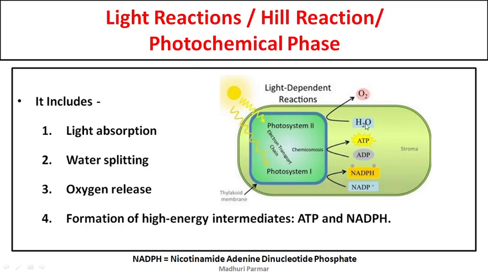So H2O molecule is getting split into H plus and O2. So this O2 which is formed will be released. So there is oxygen release, and finally there is formation of high energy intermediates. These high energy intermediates are nothing but ATP and NADPH.